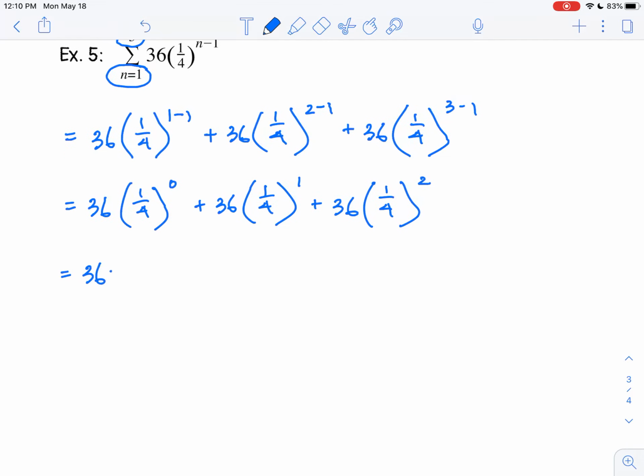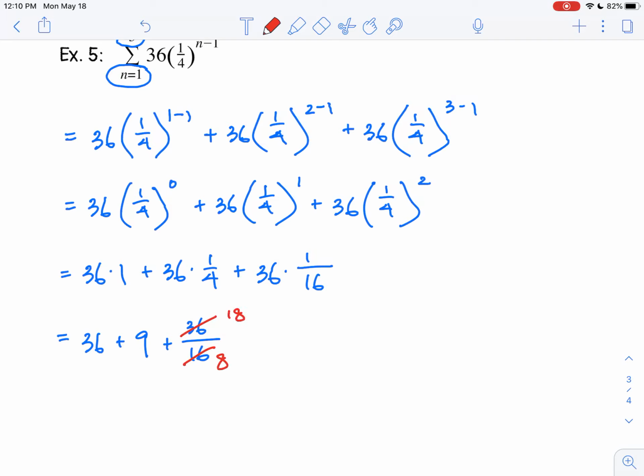And this will give me 36 times 1 plus 36 times 1/4 plus 36 times 1/16. And let's clean this up and see what we get. 36 plus 36 divided by 4 is 9, plus 36 over 16, and I bet we can reduce that. If I divide this by 2, I get 18 over 8, and I can divide by 2 again, so 9/4.